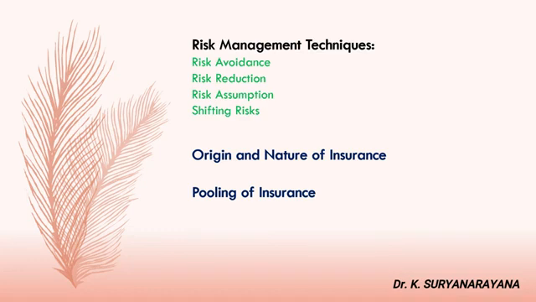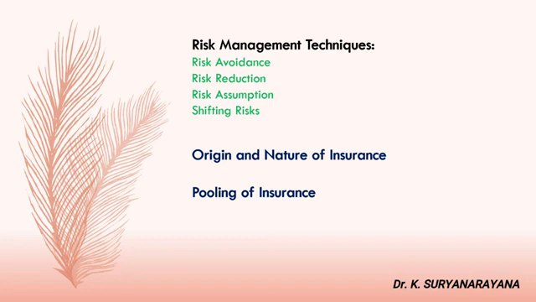Now coming to loss reduction. Successful loss reduction activities reduce loss severity. Despite the best loss prevention efforts, some losses may occur. Loss reduction activities aim to minimize the impact of loss.